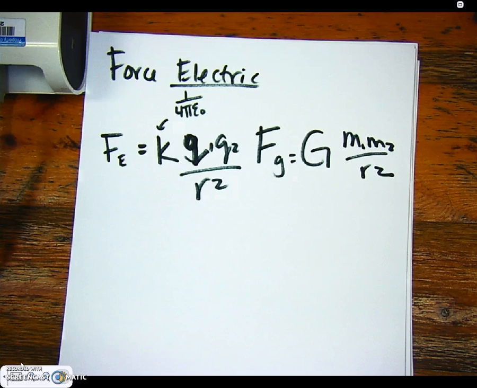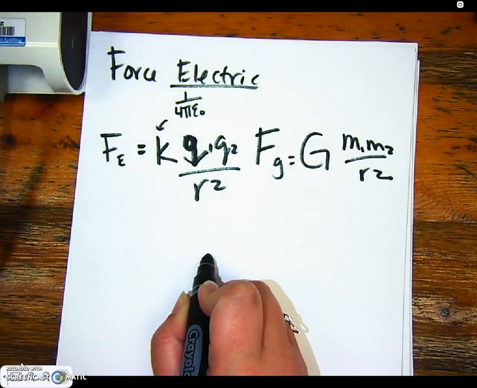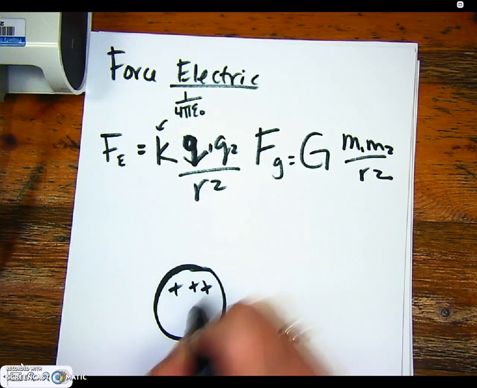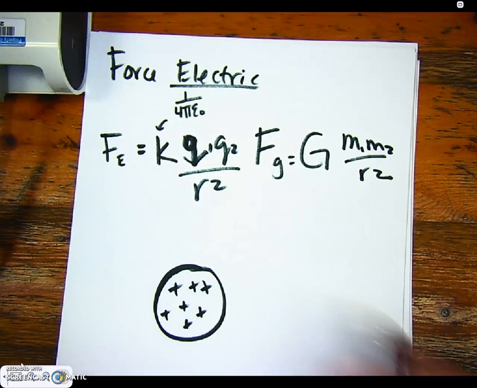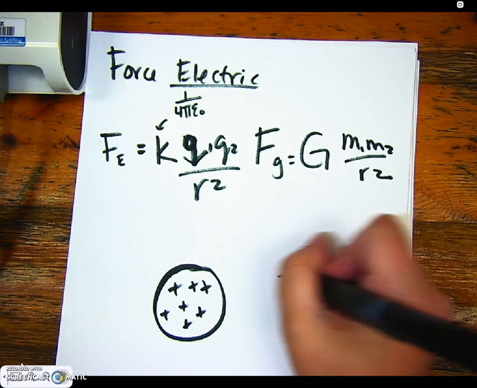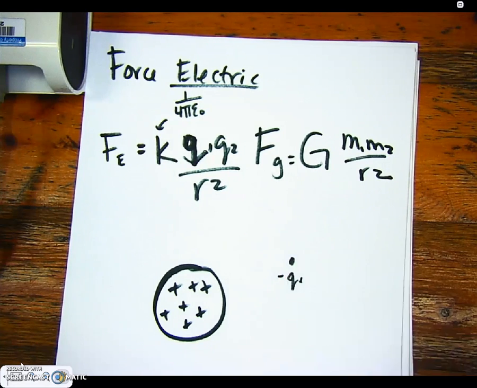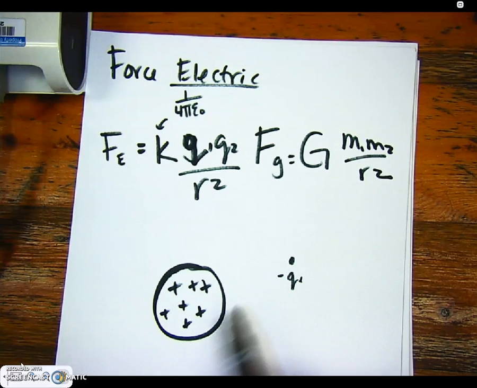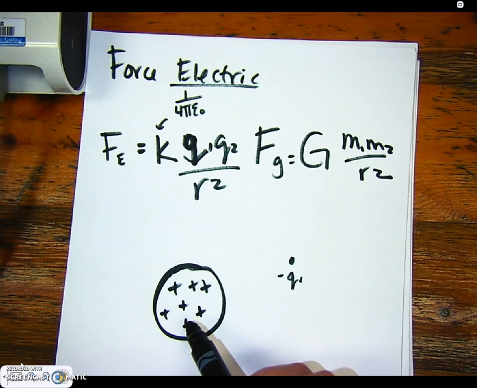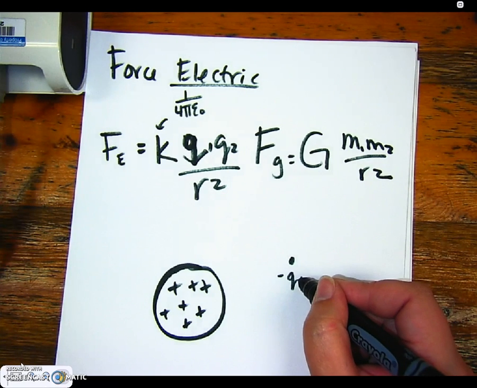If I had a big, positively charged sphere, and over here I put a little negative point charge, like an electron, there is going to be a force that this sphere exerts on this charge.